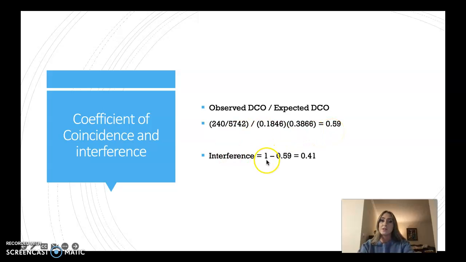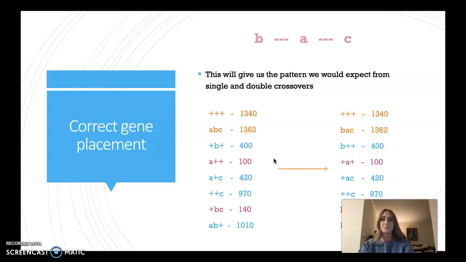For our interference, and again, this is the inhibition for crossover events, so our interference tells us the coefficient of how much our crossover events in the future will be inhibited. We take the coefficient of coincidence and subtract that from 1, so our interference is 0.41.